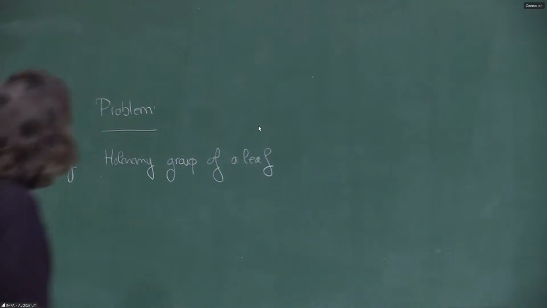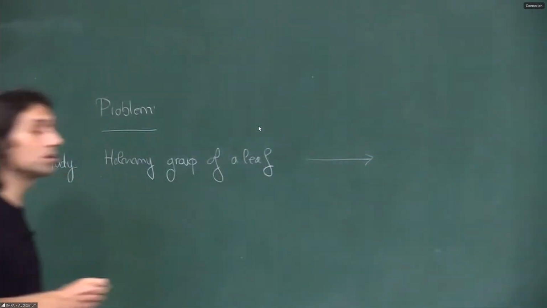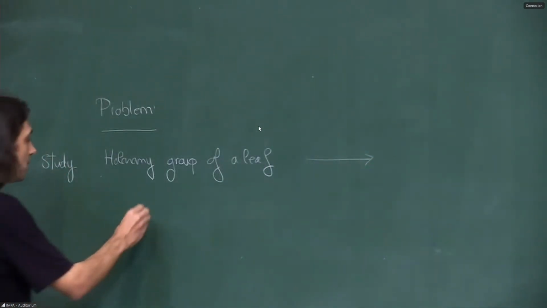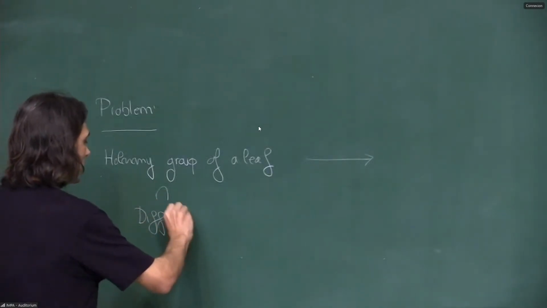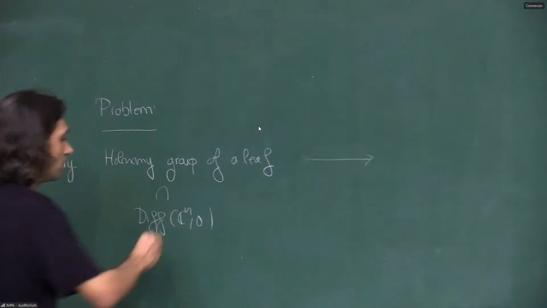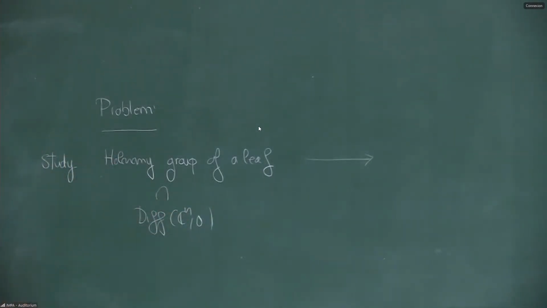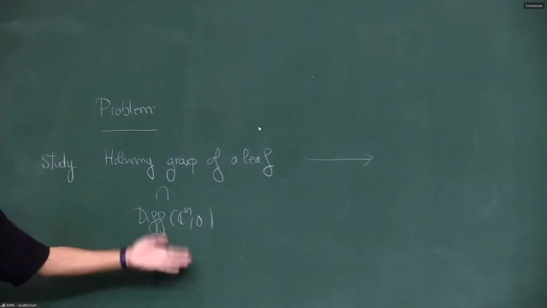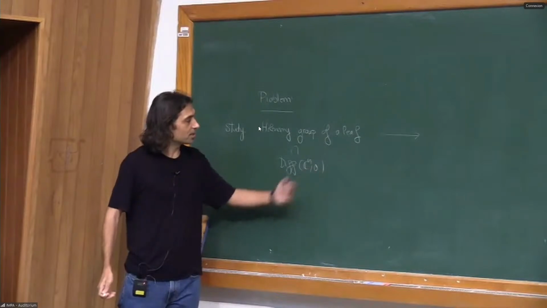And so what we are trying to do here is to give to these groups, for instance, the holonomy group of a leaf, that you can see as a group of local diffeomorphisms, N would be the codimension of the foliation. 0 here, this indeed is a transversal. This is the point of intersection with a transversal.